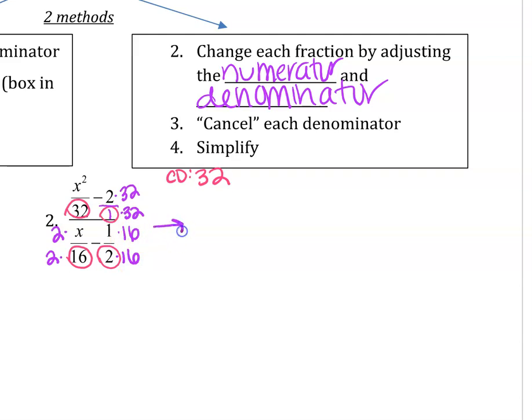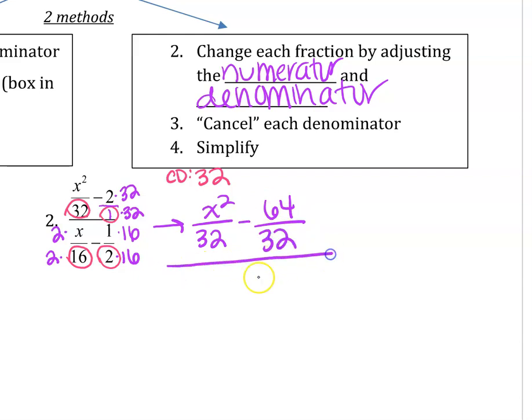Now let me rewrite this so that you see it more clearly. I have now x squared over 32 minus 64 over 32, all over 2x over 32 minus 16 over 32.